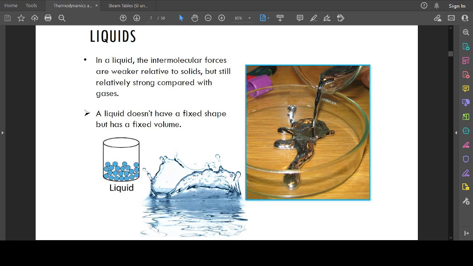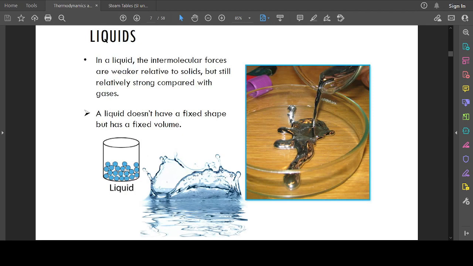And because the bonds are not giving the atoms a rigid position, they can easily take the shape of any container where they are put in. So if you put liquid in a cylindrical or rectangular container, whatever shape of container you put it in, the molecules will flow easily to take the shape of its container.